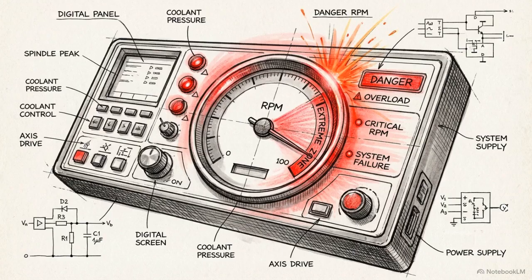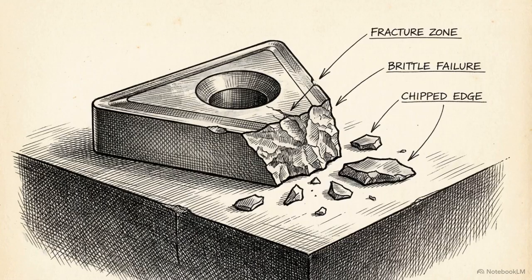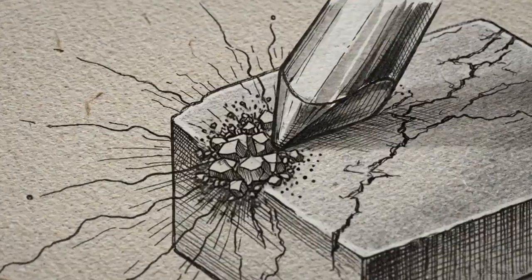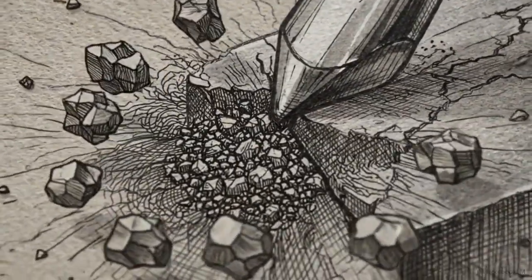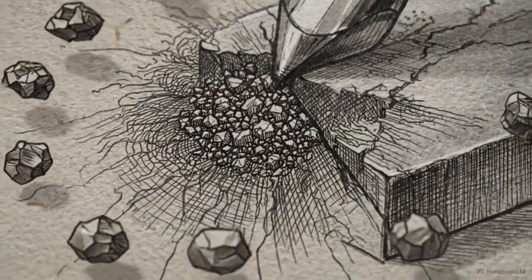You cannot simply slow down the feed rate and speed up the spindle indefinitely. Doing so bypasses the kinematic limits and pushes you straight into the next failure mode, the physical destruction of the tool's geometry. To understand that failure, we must zoom past the broad movements of the machine and look at the microscopic physical edge of the cutting tool.